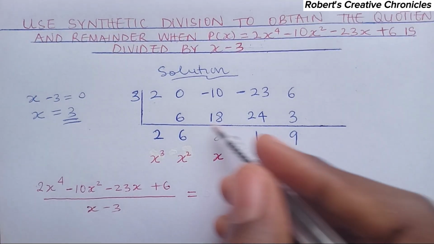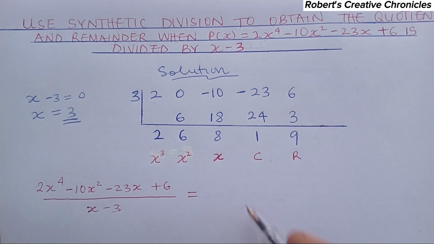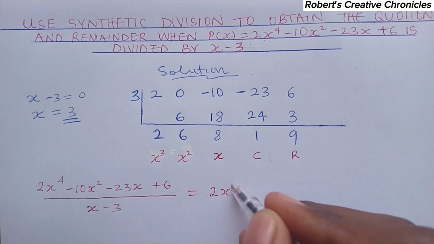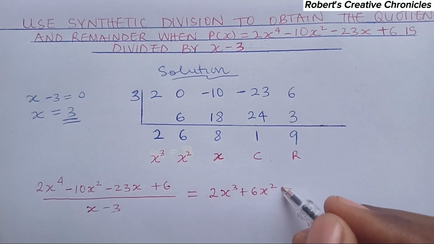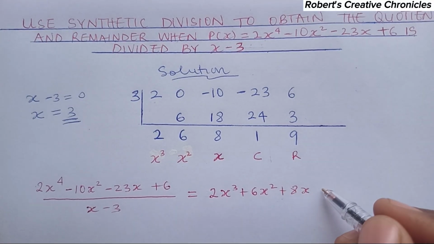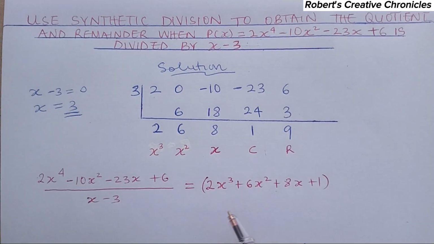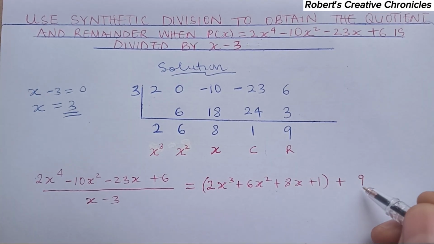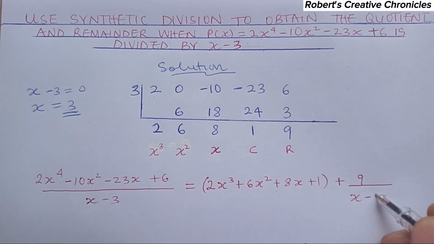This one from here is the quotient. So it will be 2x cubed plus 6x squared plus 8x plus 1. This is now our quotient, plus the remainder divided by the divisor, which is x minus 3.